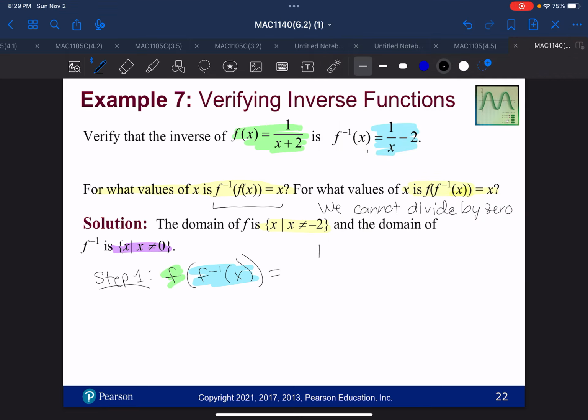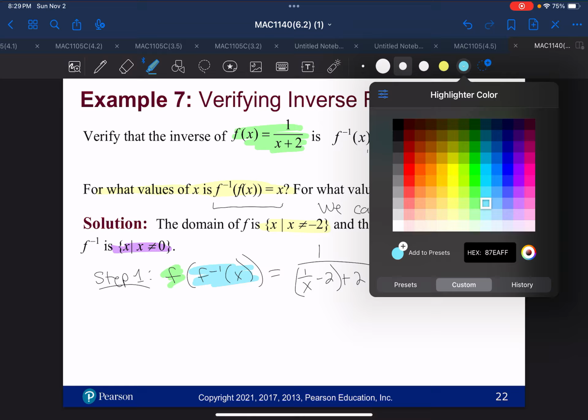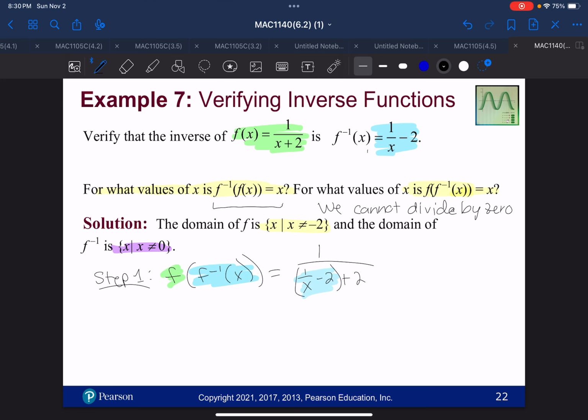So this will be 1 over, and now the x in the denominator here will be replaced with all of this. So this will be 1 over x minus 2 plus 2. I just put it in parentheses just to show you that I was plugging it in for x. But that minus 2 and plus 2 will still cancel, so this will leave us with 1 over x. Keep, change, flip, so this will just leave us with x.